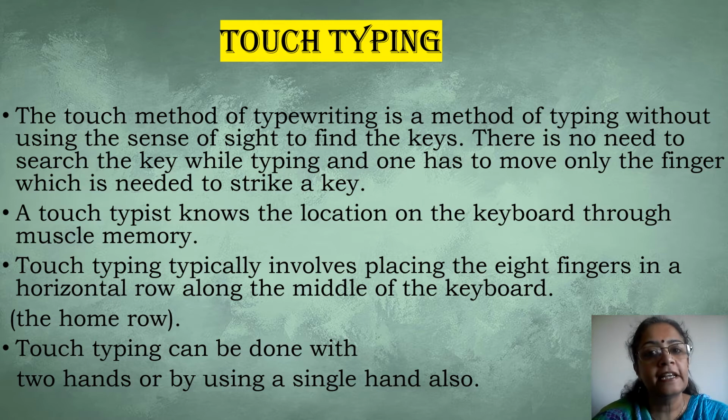So this is called touch typing. How to get control over touch typing is a matter of practice by each and every person. The more you practice touch typing, the more familiar you get with the keys of the keyboard, and automatically from memory you will be able to type without looking at the keyboard.